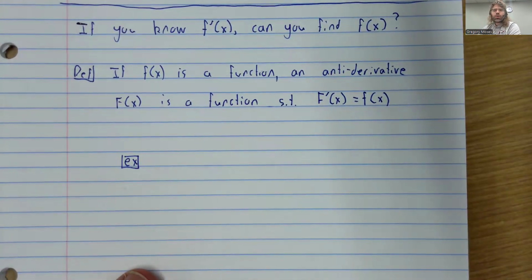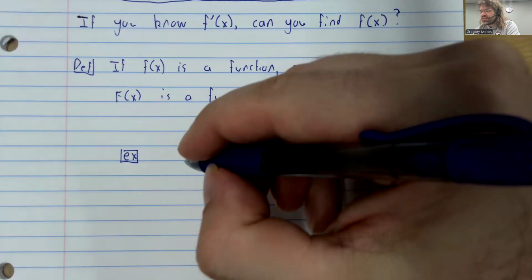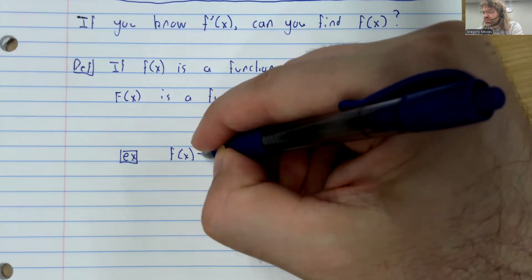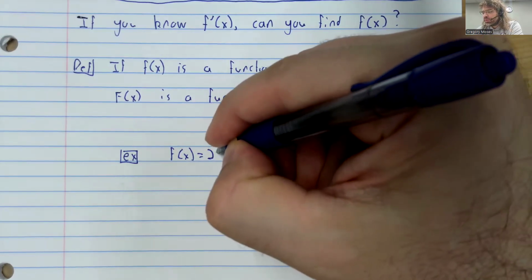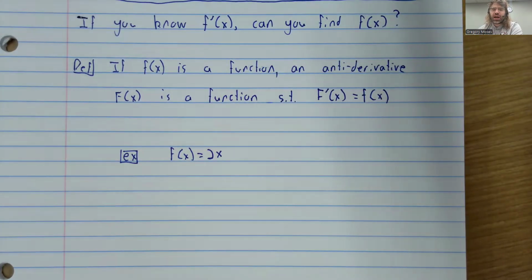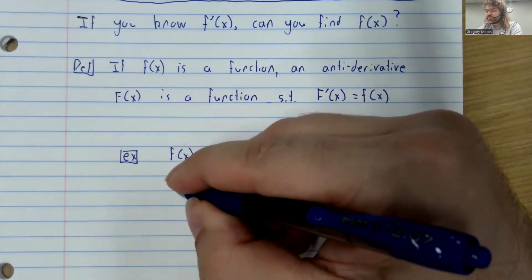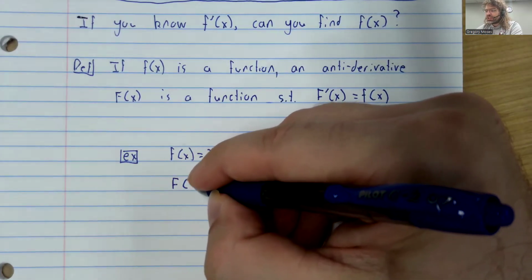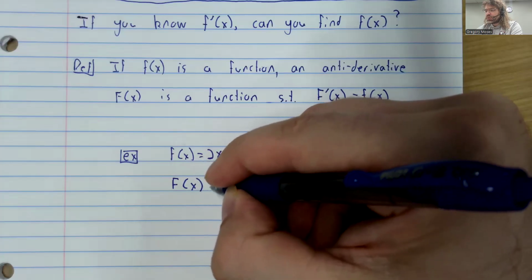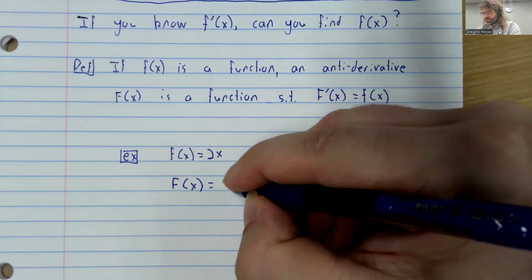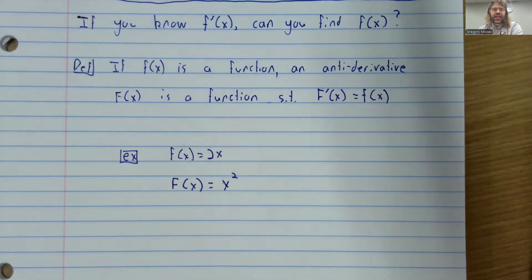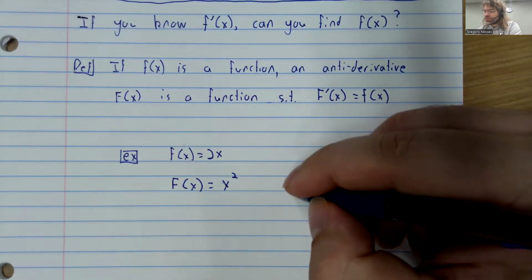So, for example, let lowercase f of x be 2 times x. Then an antiderivative of lowercase f of x is x squared.